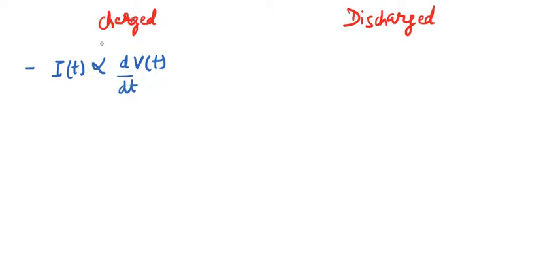And when we remove the proportionality sign, then i is equal to C dV(t)/dt.